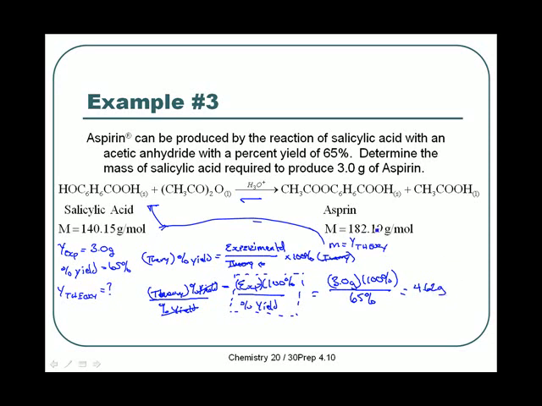I'm going to keep as many digits as possible in my calculator. I'm only going to need 2 sig digs, so I'm just going to write down 3 for now. So this is our theoretical yield. That goes there.